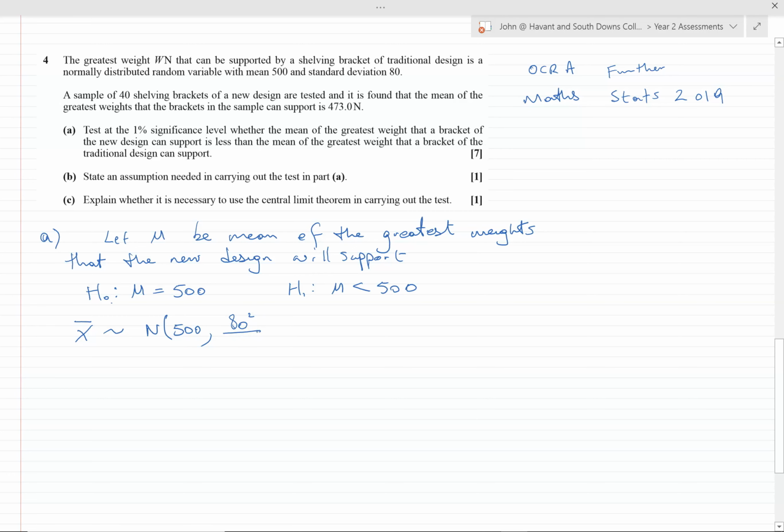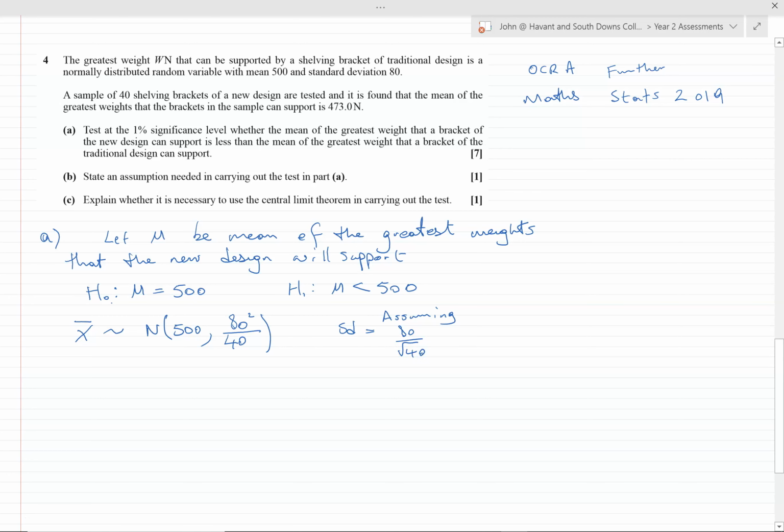So the variance is 80 squared, but we've got a sample size of 40, so the sampling distribution has variance 80 squared over 40, or standard deviation, which is what we're assuming, which we'll be mentioning in the next part of the question, of 80 over the square root of 40.